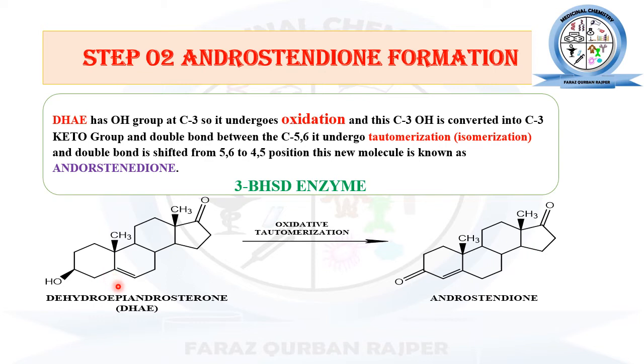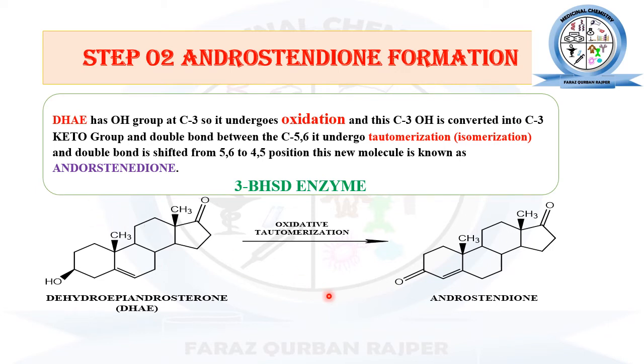We have already discussed this in the basic lecture on the biosynthesis of steroid hormones, which I have uploaded on my channel. We discussed that mechanism in detail, how this bond is shifted to this position. This occurs because of the action of the 3-beta hydroxysteroid dehydrogenase enzyme.